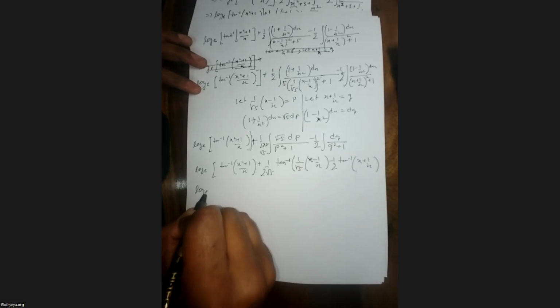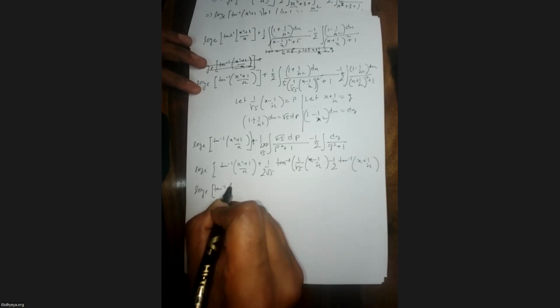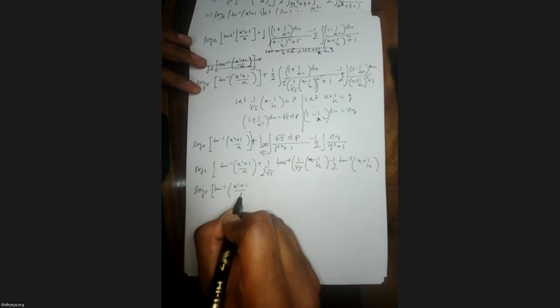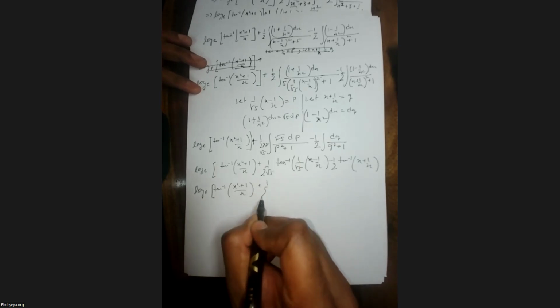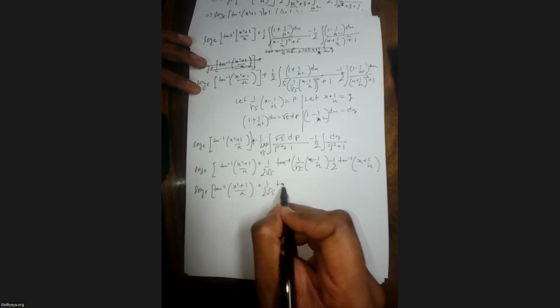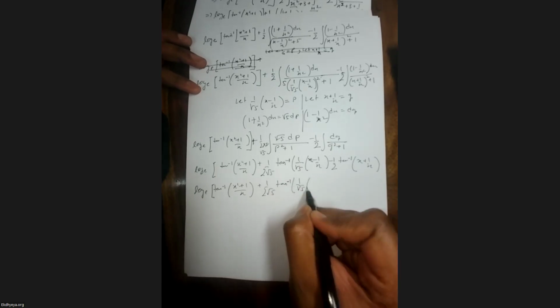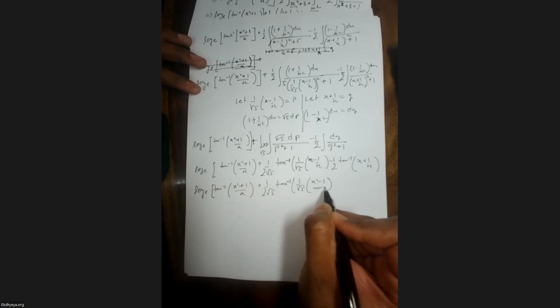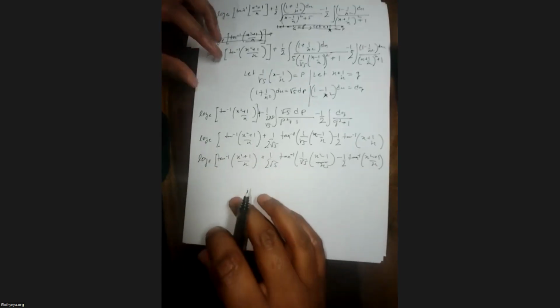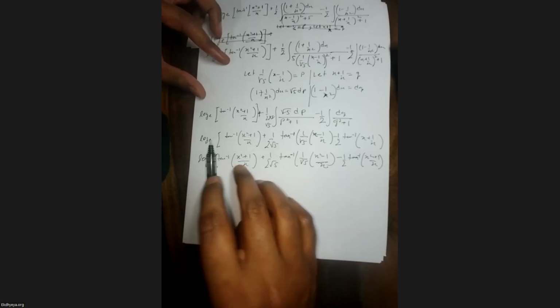So your expression actually becomes log e tan inverse (x² plus 1)/x plus 1 upon 2 root 5 tan inverse (1 upon root 5)((x² minus 1)/x) minus 1 by 2 tan inverse (x² plus 1)/x. So I'll bring the question back again and let's do a comparison of what I have finally arrived at with the coefficients.